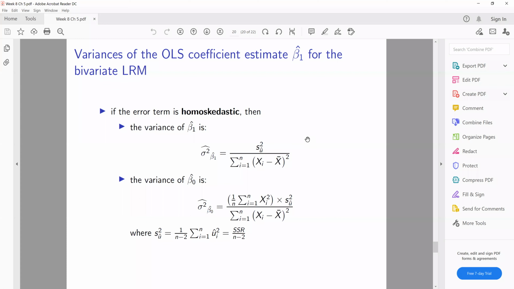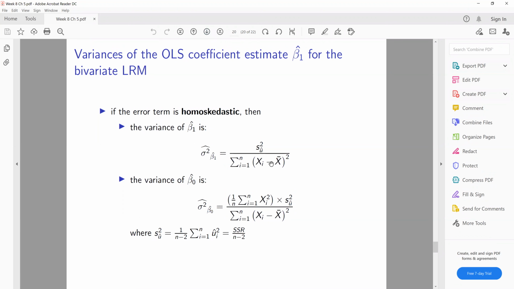I don't tell them how to do this in R, because in R you can do this in a few clicks and that's it. But in Excel, you have to calculate every single term of this expression, that difference, and then square it, and then sum it up over all i. So you have to understand this expression very well to be able to calculate these estimated variances and then estimated standard deviations.